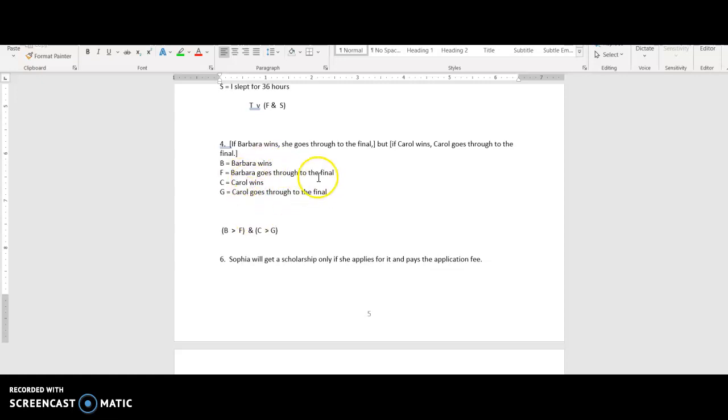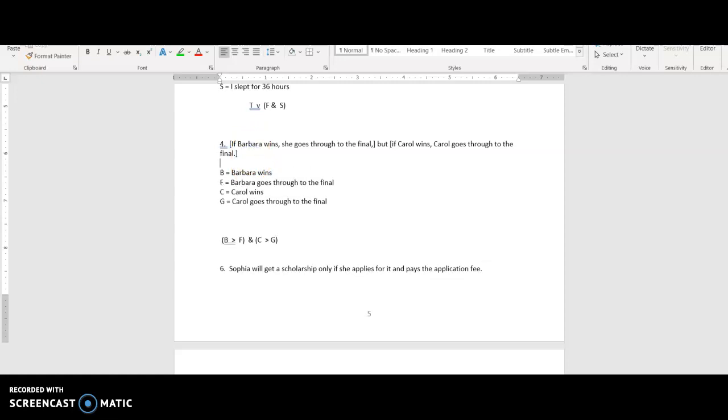The other important thing is don't incorporate logical operators into your symbolization keys. You shouldn't ever have something like B for "if Barbara wins, she goes through to the final." This is a bad symbolization key.